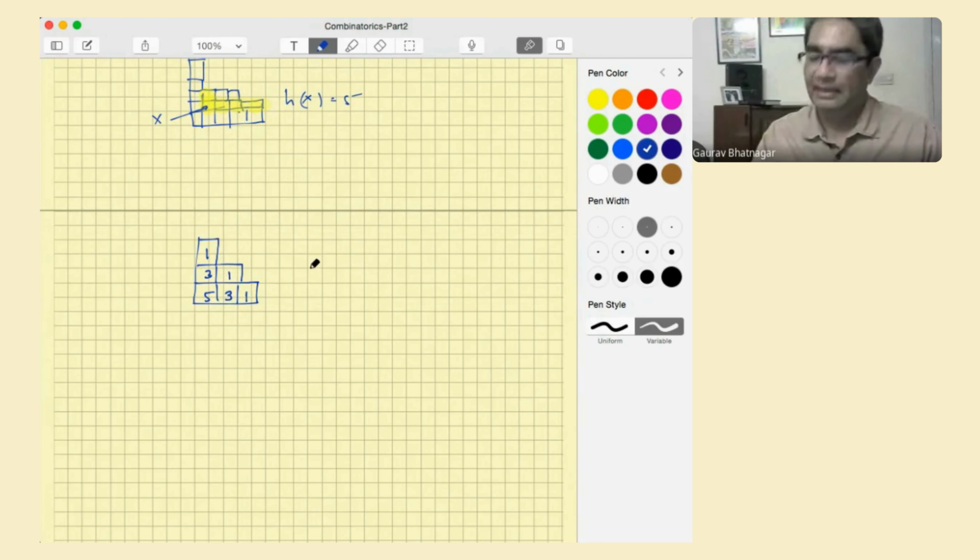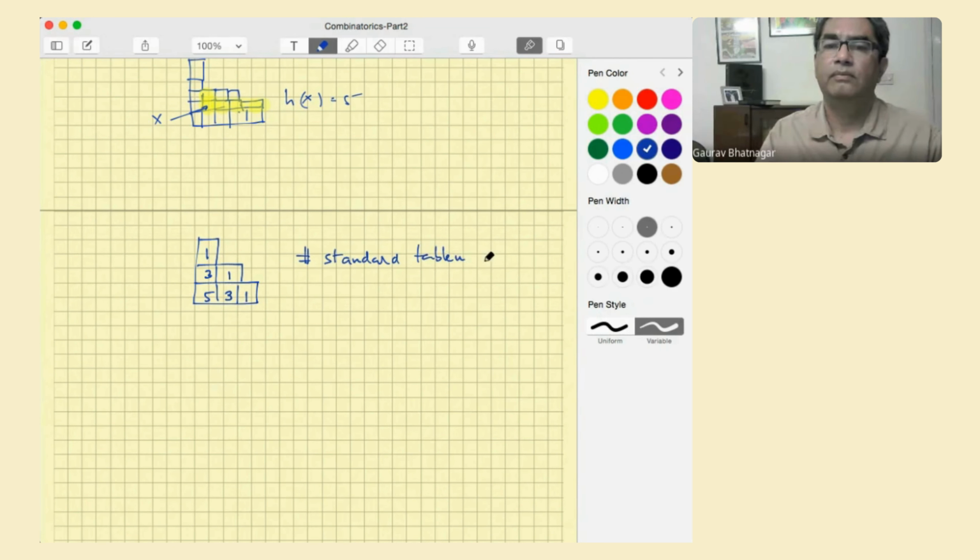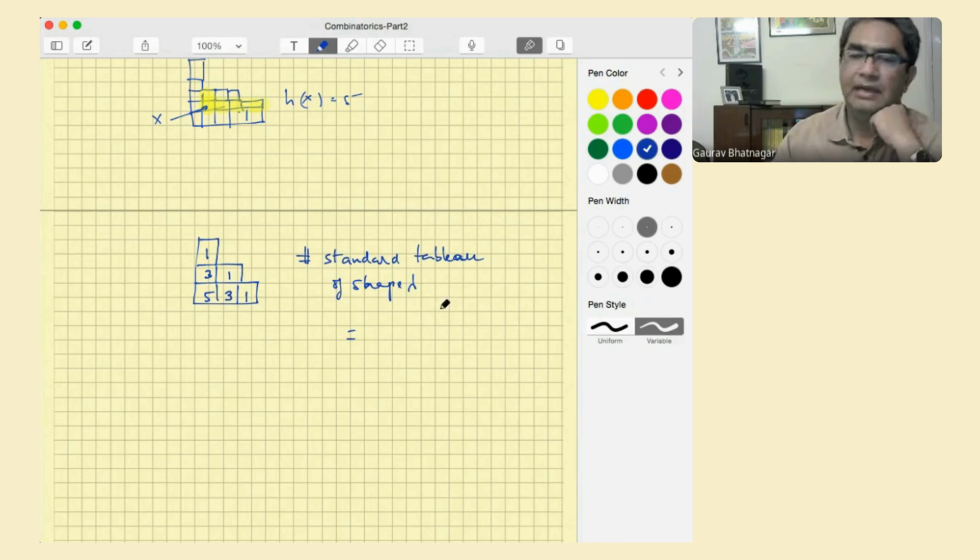And the formula says, again, we won't do the proof, the number of standard tableau of shape lambda, this is a remarkable formula, is n factorial divided by the hooks of cells x belonging to lambda.